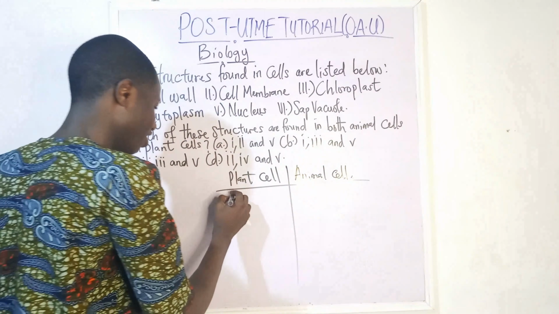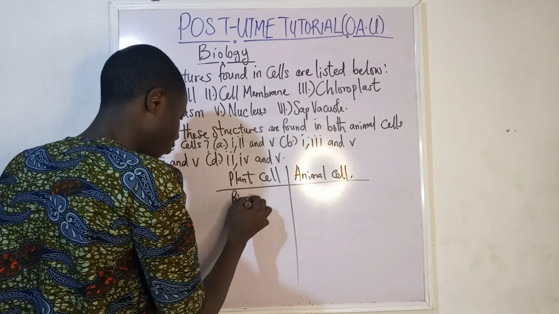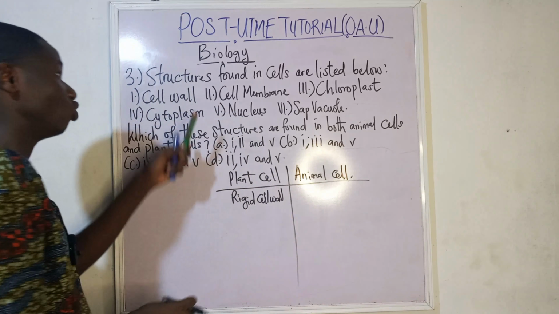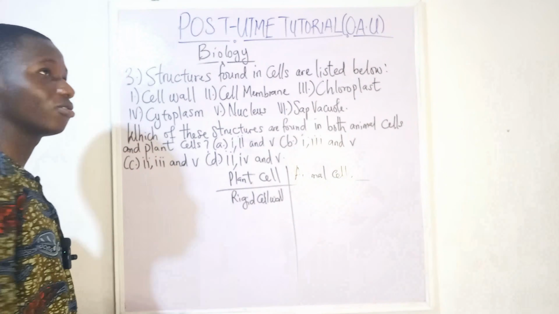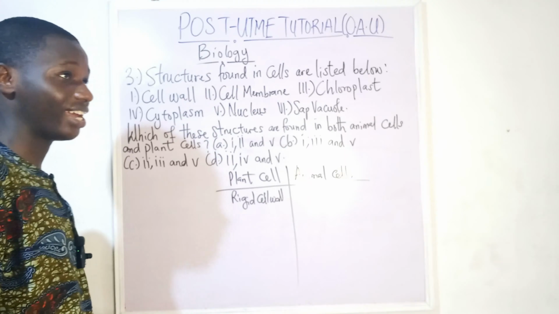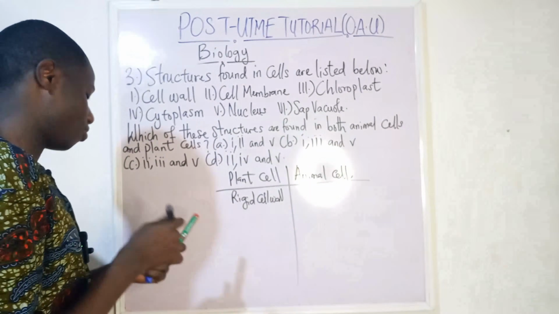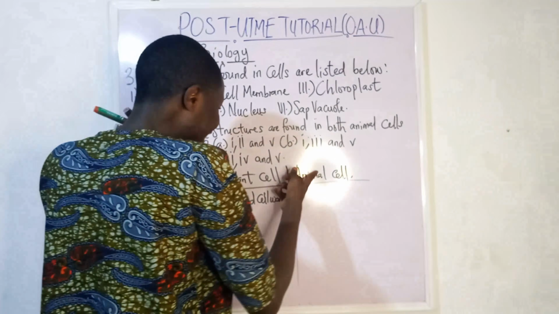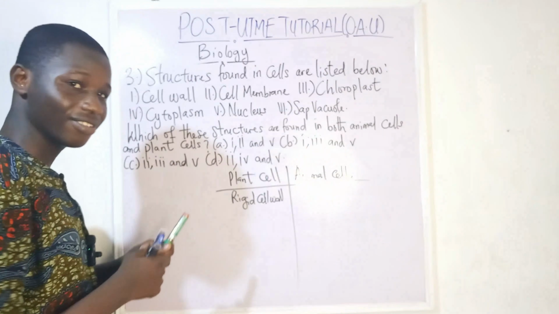A rigid cell wall. If you look at the first video I dropped for this episode of OAU positioning, I talk about some of these organelles. But there's something I told you in that video: that animal cells do not have a cell wall.